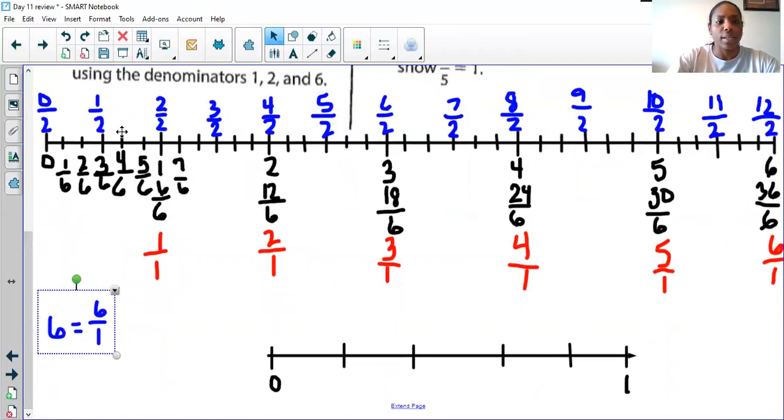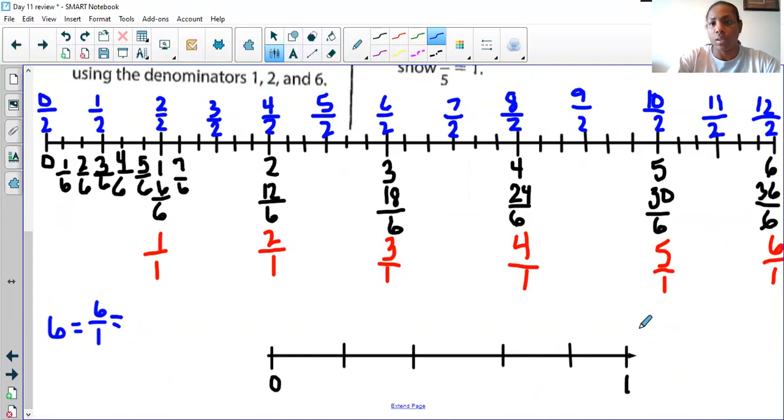All right, our next set is 2. So if we come over here and take a look, what is it showing us? Because remember, it has to equal 6. That's correct. 12 halves. All right.